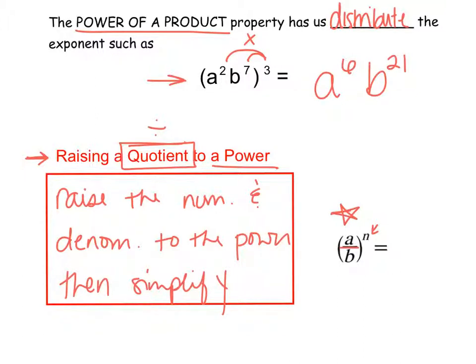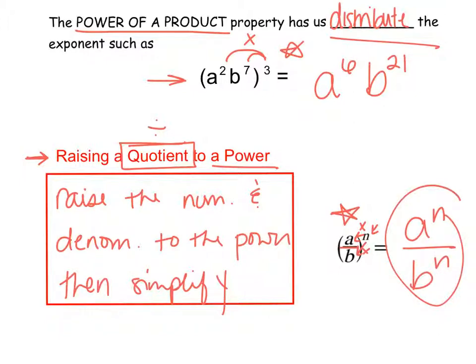And so you're kind of going to distribute again. You're going to give the numerator and the denominator the power, or your exponent, and you're going to then simplify. So you're really multiplying, remember, just like up top. So we would have a to the n over b to the n. We can't simplify anymore, and so that would be our answer.